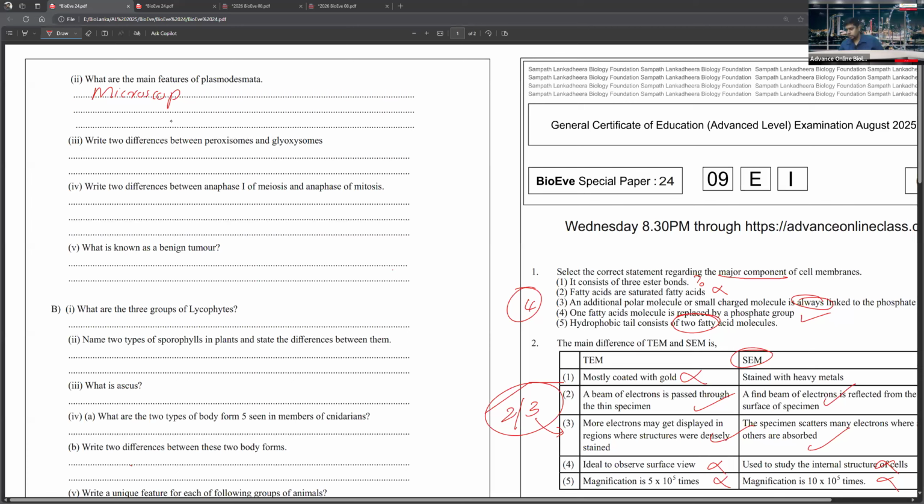Anaphase 1. Anaphase. Kinetochore microtubules get shortened, homologous pairs separate.